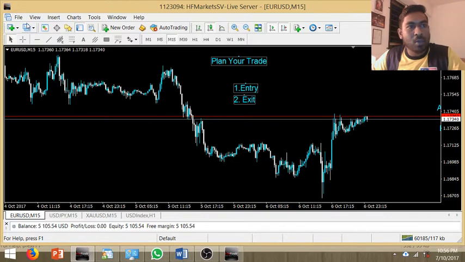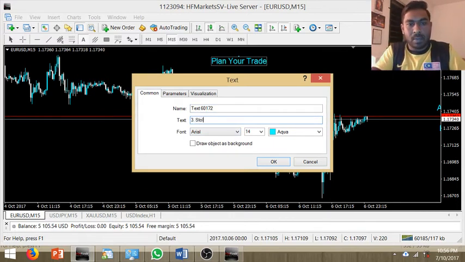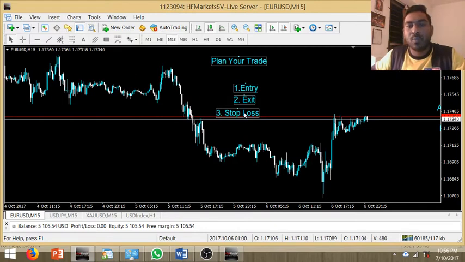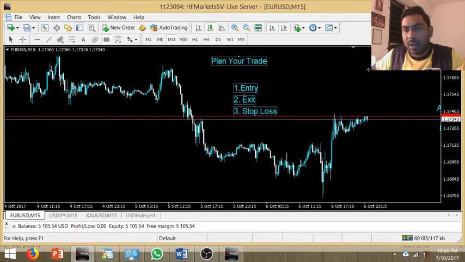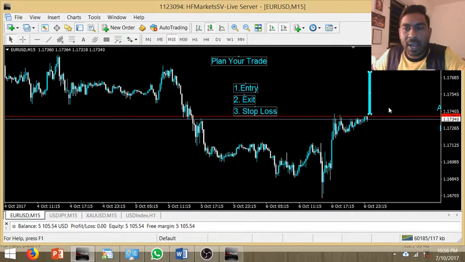But there's also a third key in your trading plan. Number 3 is stop loss. Stop loss is set in case the trade moves against you. You are hoping for the price to go up this way, but the price did not go up and started coming down.